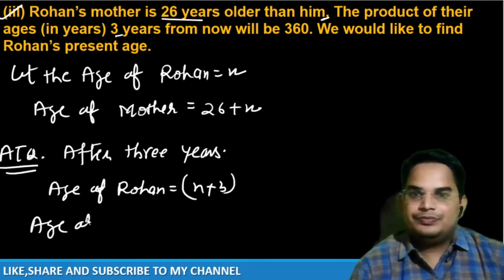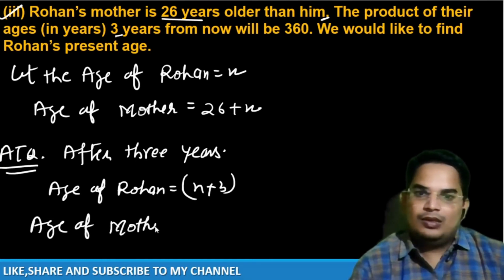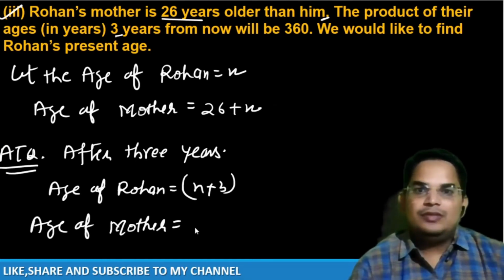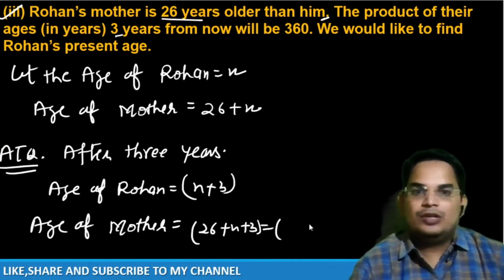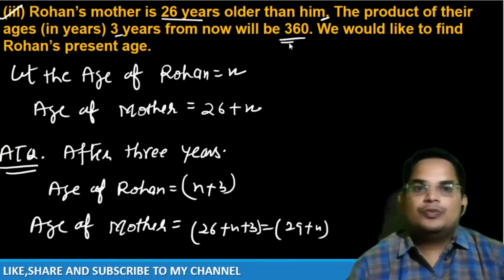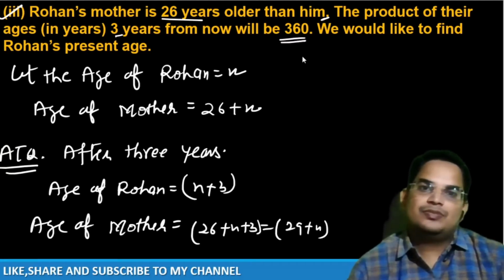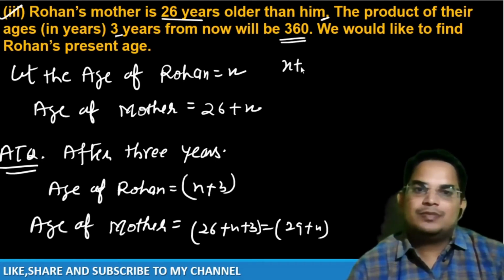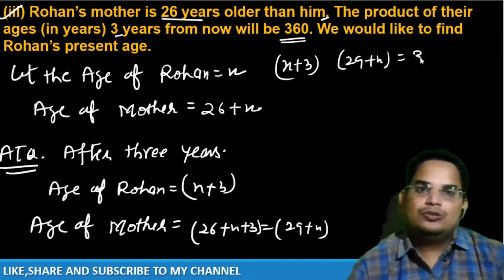The age of mother becomes 26 plus x plus 3, so it can also be written like this, 29 plus x. After this the product will be 360. So I can say (x plus 3) into (29 plus x) is equal to 360.